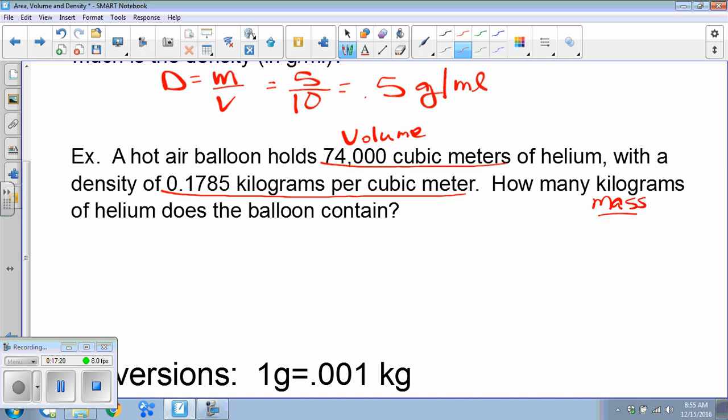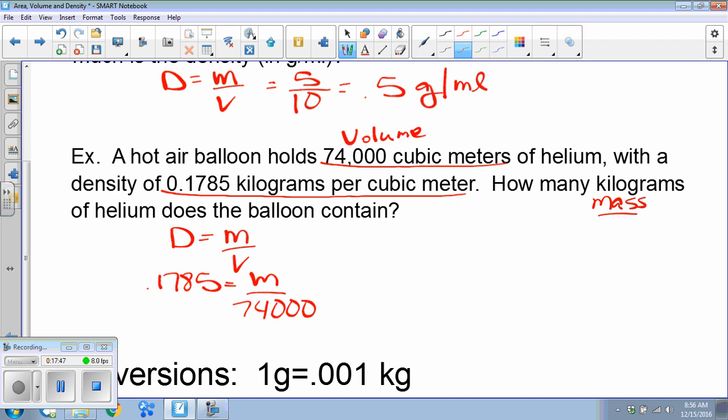So density equals mass over volume. Now, you also have to pay attention to your units here. If they tell you that this was kilograms per cubic meter and they want to know how many grams, you're going to have to convert your answer. So the density is 0.1785, we don't know the mass, and the volume is 74,000.